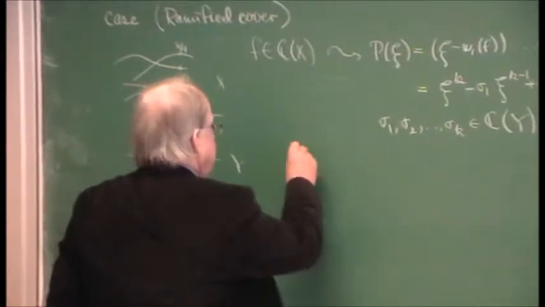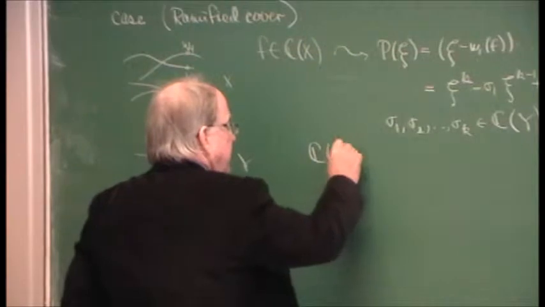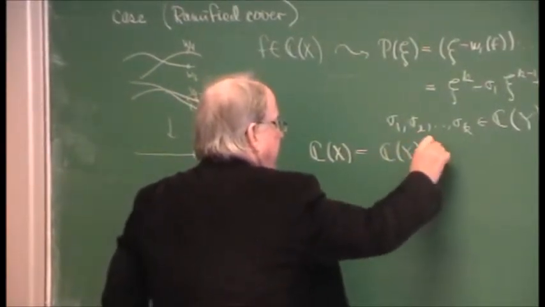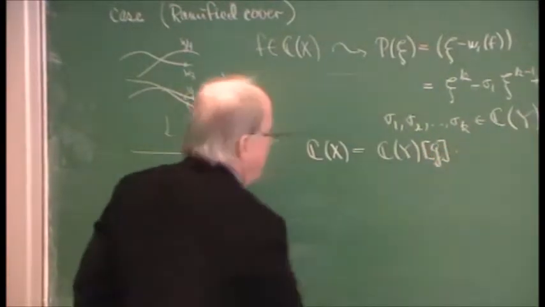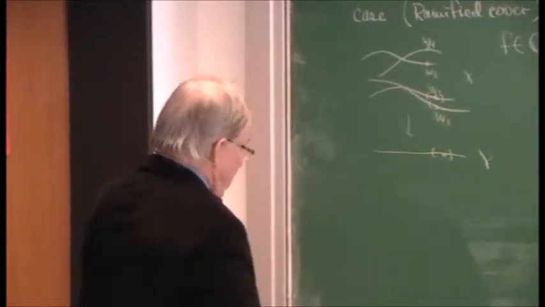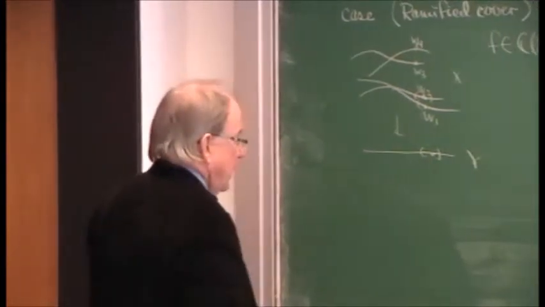That's the statement that follows just by elementary algebra: upstairs is the same as downstairs, except you have to add some algebraic extension of a certain degree bounded by k. So that's a discussion of the one-dimensional case.